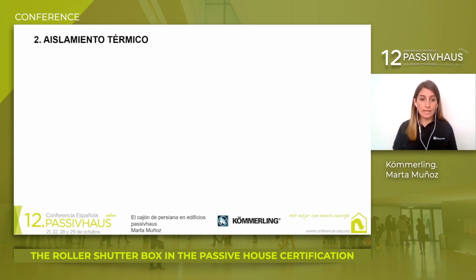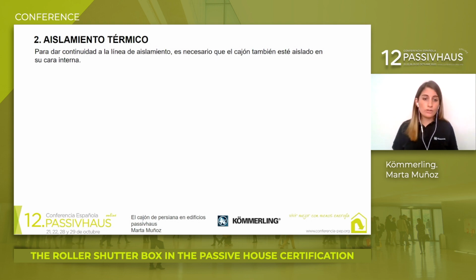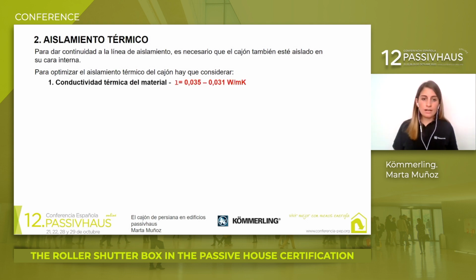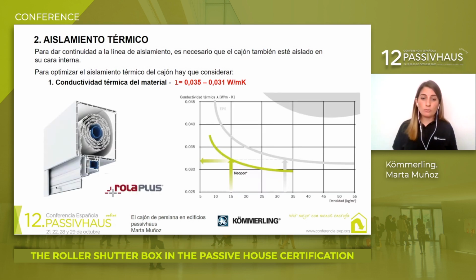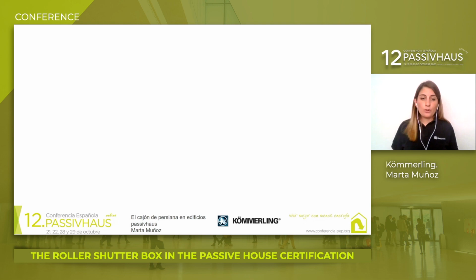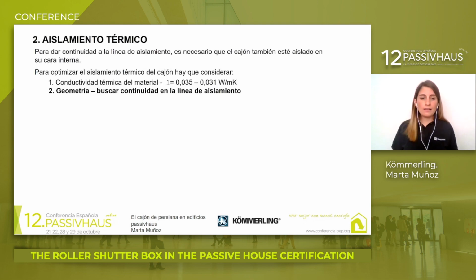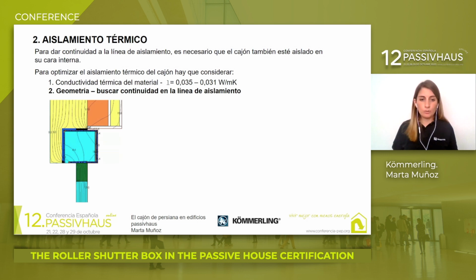When we're talking about thermal insulation, it is going to isolate the shutter box, so we need a shutter box that is insulated inside. To optimize thermal insulation, we have to focus on two things. First of all, thermal conductivity of the material, so we're talking of lambdas of 0.035 watts per meter kelvin, and we're going to look for geometry with continuity in the insulation line.